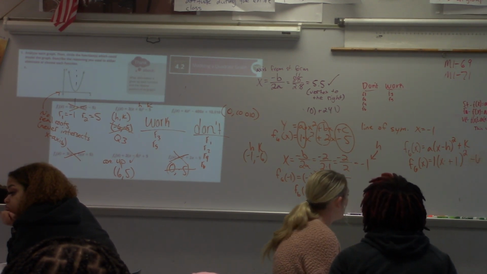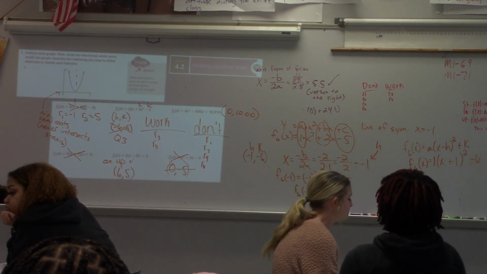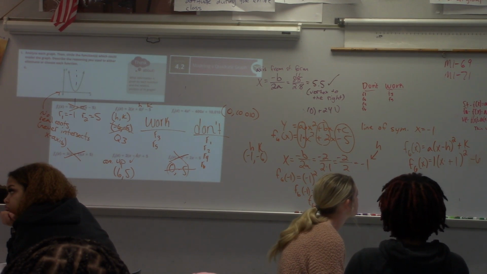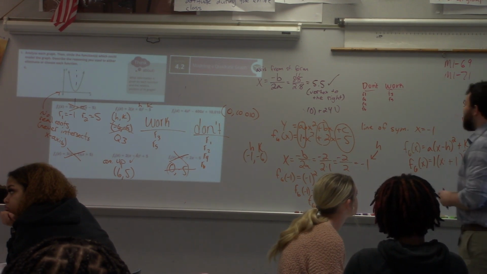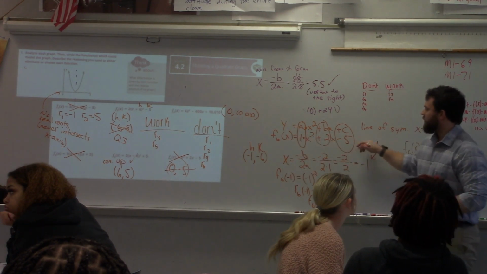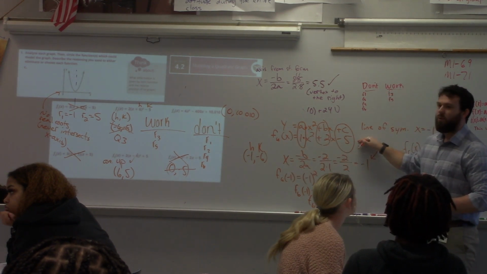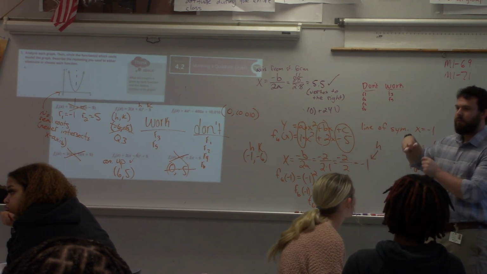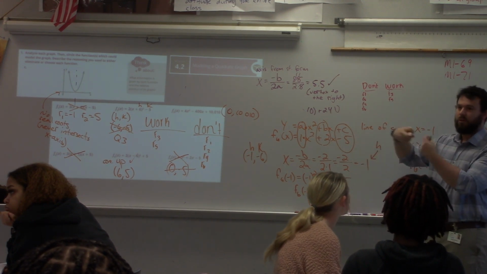Once you identify that vertex, you can convert it to another form. And this is going to be important within our next unit because I told y'all this yesterday, I believe. If I wanted the x-intercepts, what do I know the y value is?